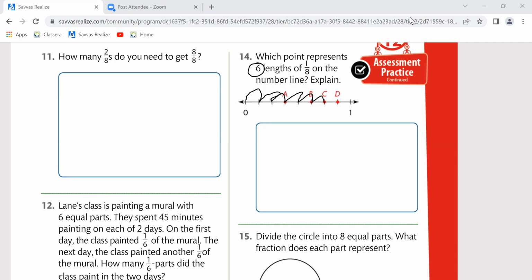So what point? C. That's it. So what do you need to do here? Just count and write the letters. Ready with this?